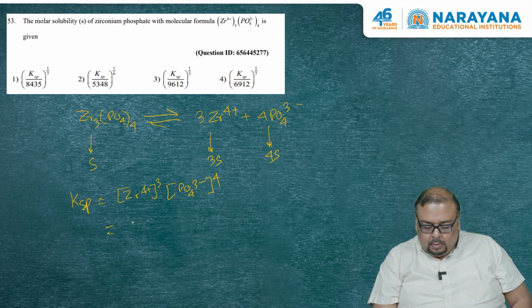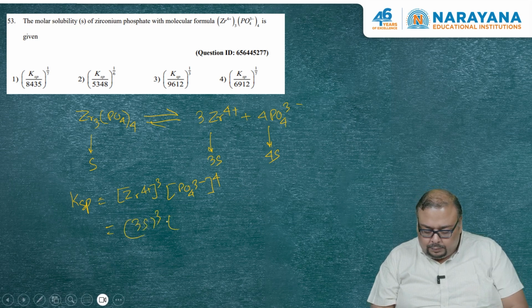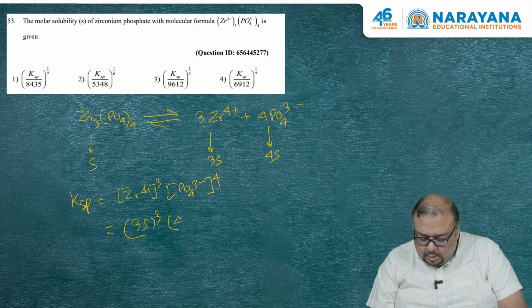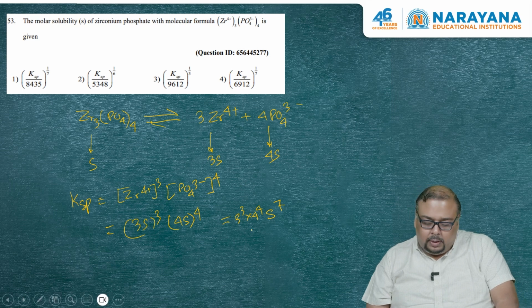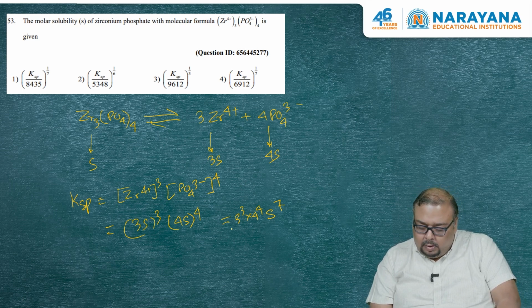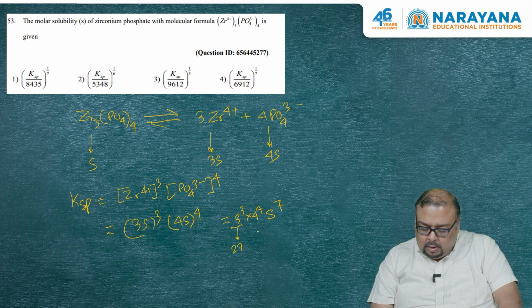So this will be equal to (3S) to the power 3 into (4S) to the power 4. So you'll get S to the power 7, and this will be equal to 3 to the power 3 into 4 to the power 4. So 3 to the power 3 will be 27, and 4 to the power 4 will be 16 square, which is 256.